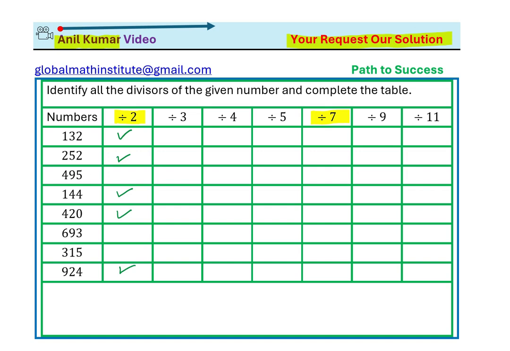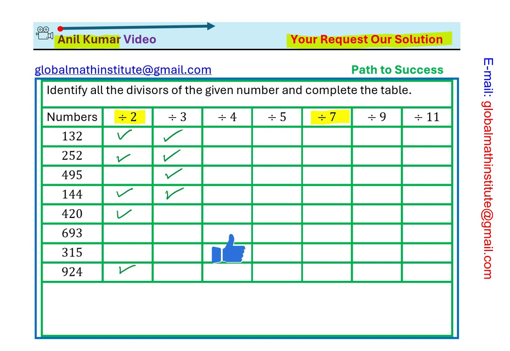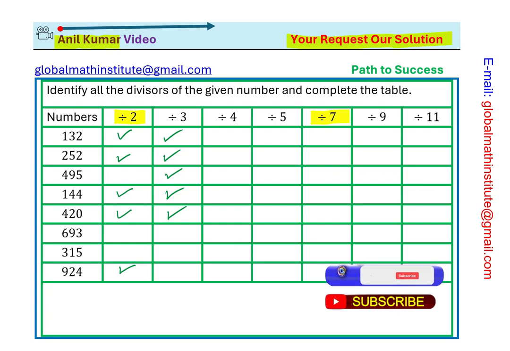Now let's get to the divisibility rule for 3. To check that, we just need to add the digits. 1 plus 3 plus 2 gives us 6, and 6 is a multiple of 3. 5 plus 4 is 9, that is also a multiple of 3. 4 plus 5 is 9, and then we have 9, that also works. 144 also totals to 9, that also works. 4 plus 2 is 6, it is divisible by 3. 6 is divisible by 3, 9 is divisible by 3, and also 3.